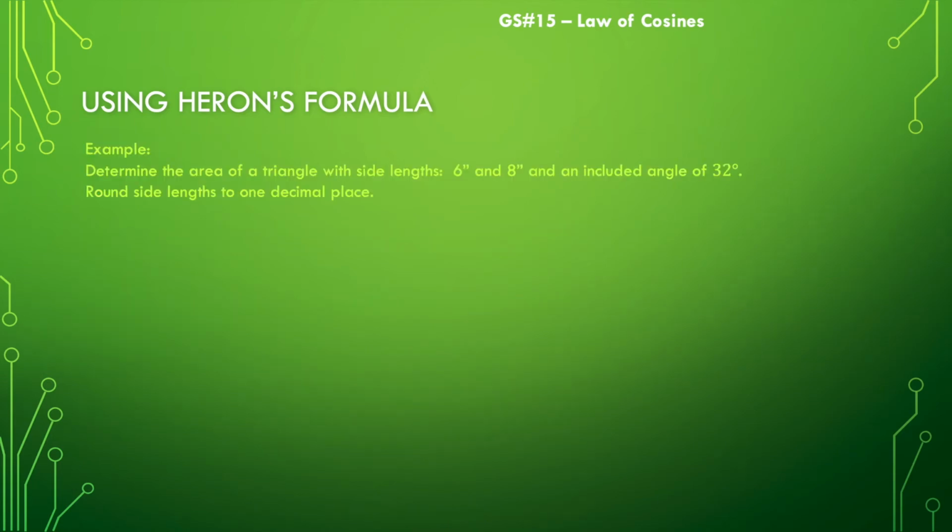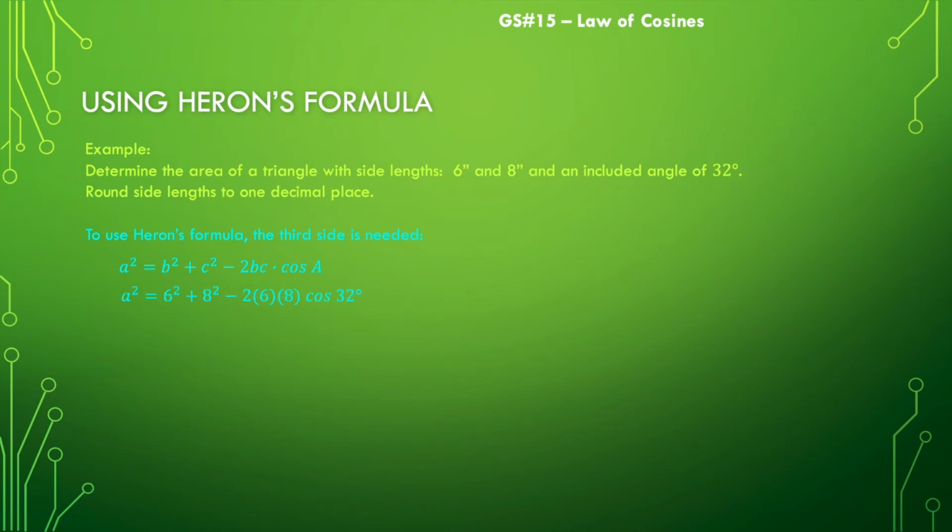All right, for the next example, we are given a triangle that has side lengths of 6 inches and 8 inches, and we know that the included angle is 32 degrees. Now, to use Heron's formula, of course, we're going to need the third side. By using the law of cosines, we can determine that third side. So we substitute what we know as b and c and angle A, and solve for side a as the missing side length.